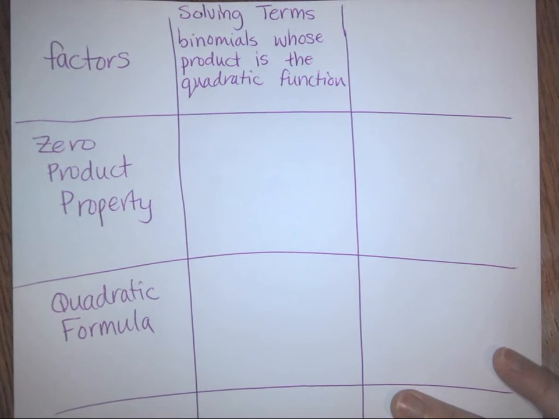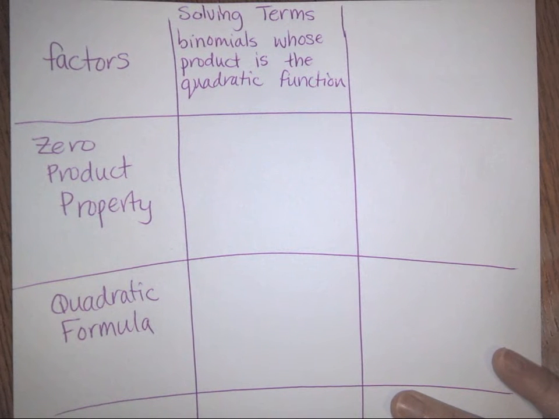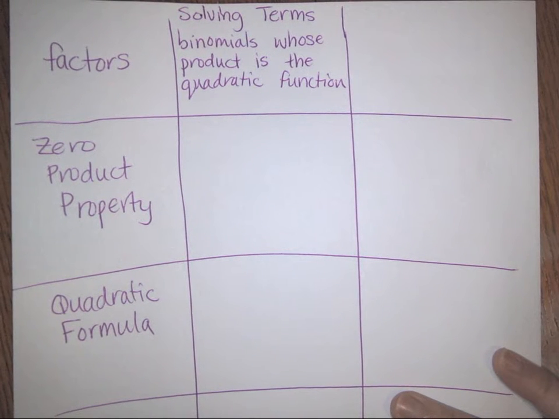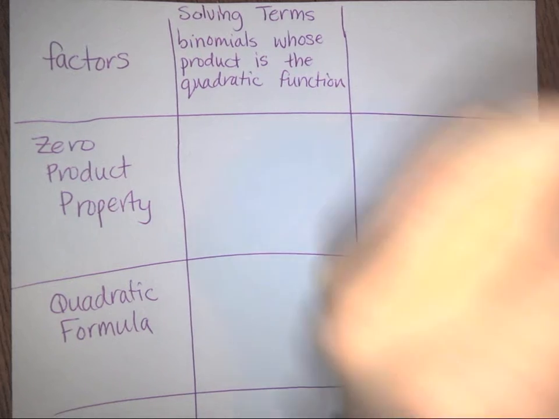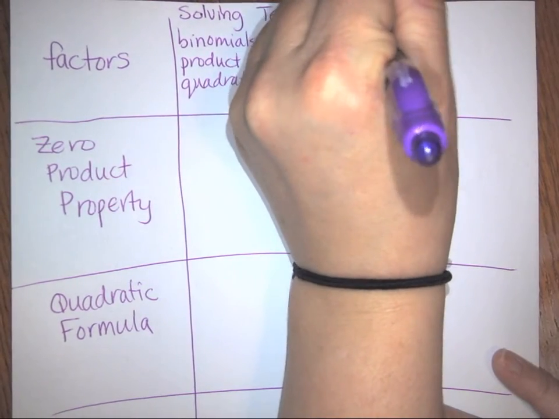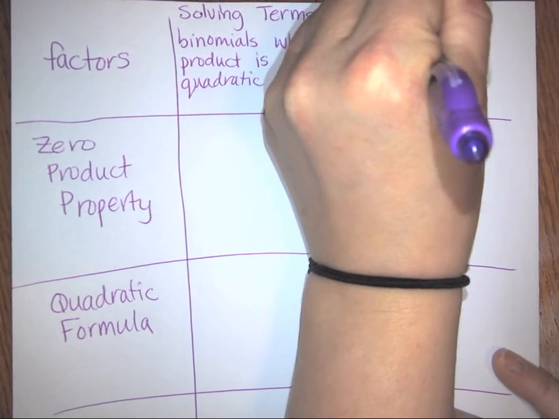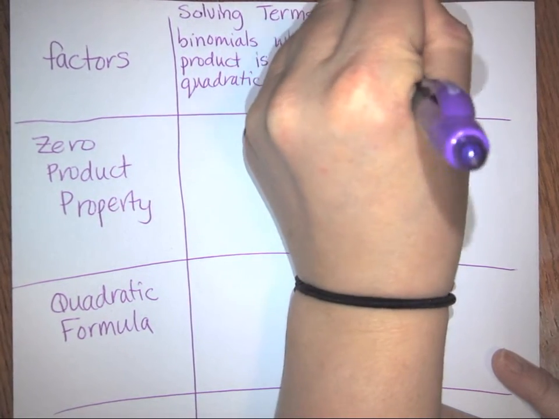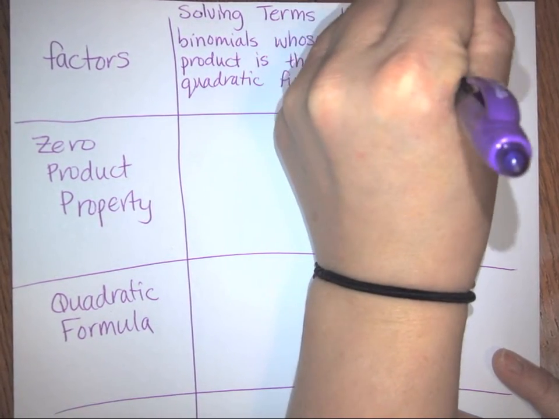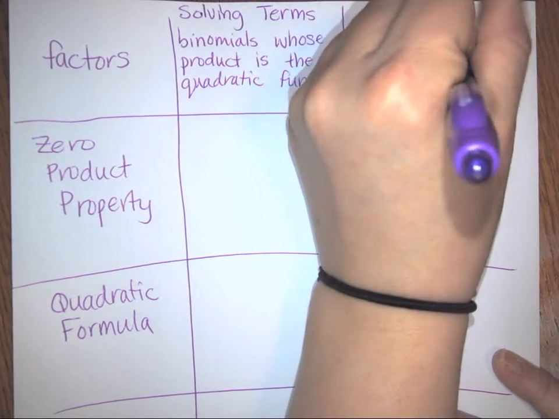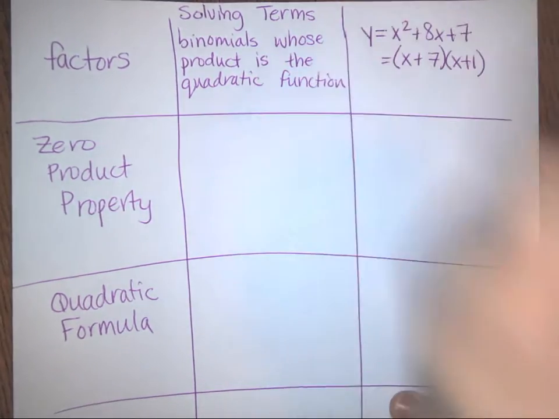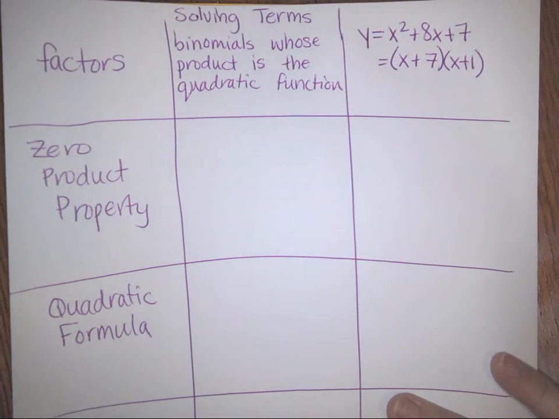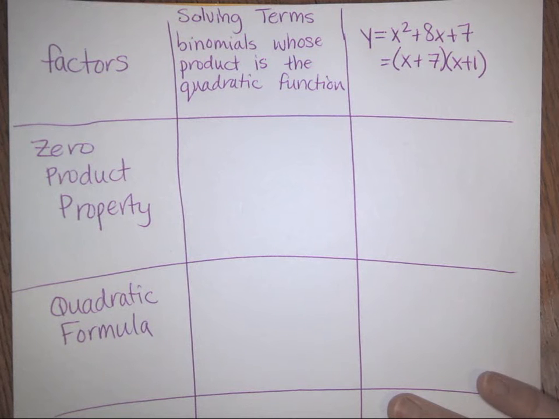Sometimes when solving, it's best to factor the quadratic function depending on the function you're given. One example would be if you have y equals x squared plus 8x plus 7. That can be factored into the binomials x plus 7, x plus 1. This gives you something different to look at when you're talking about the different pieces of the function.